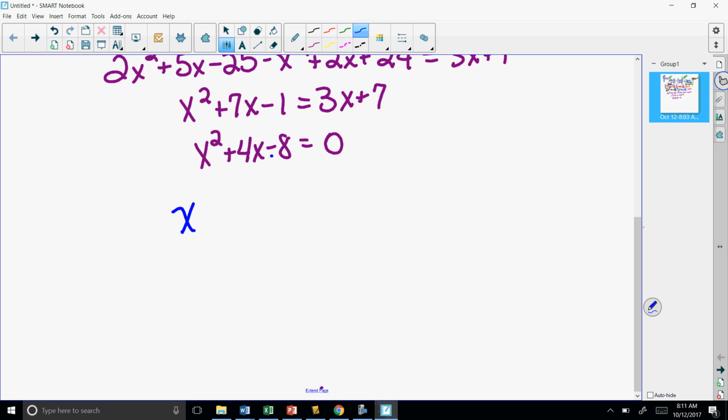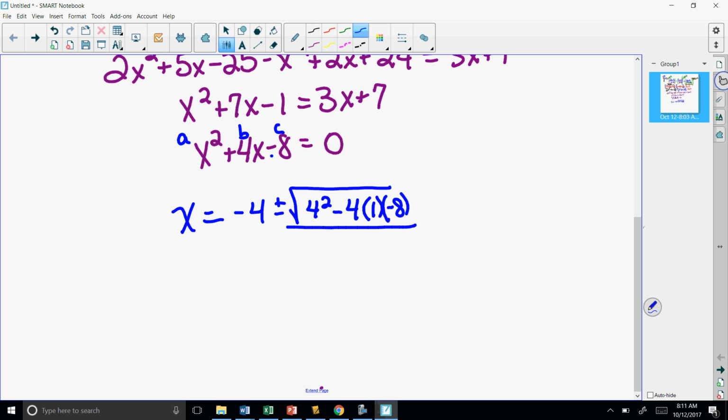So x is equal to, your a is the coefficient of your x squared value, b is the coefficient of x, and c is the constant. So x is equal to negative b, which is going to say negative 4 instead of positive 4, plus or minus the square root of b squared minus 4 times a, which is 1, times c, which is negative 8, all over 2a, which is 1.